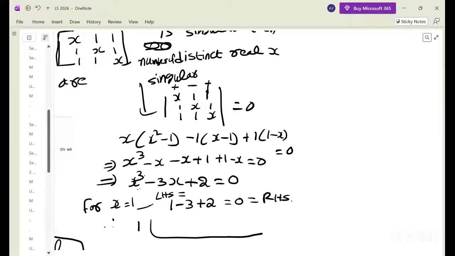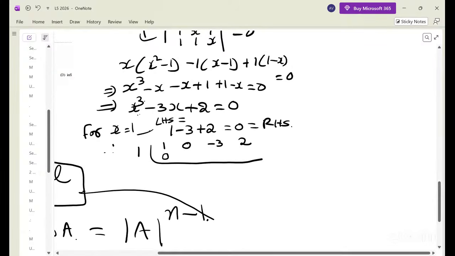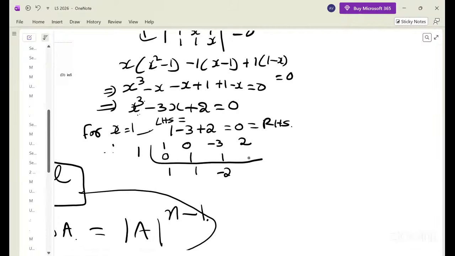How to get the remaining roots? Apply synthetic division. After x cube, x square is not there, so for the x coefficient, put 0. What is 1 plus 0? 1. This is 1. This is 1. Minus 2, 2, 0. If your answer is correct, the last will be 0 always.